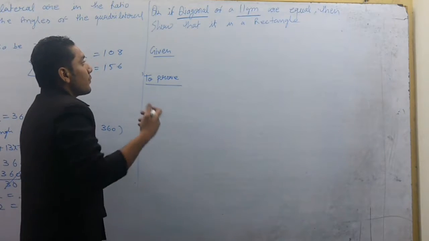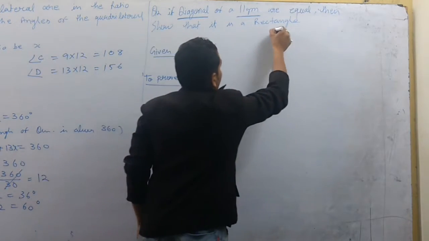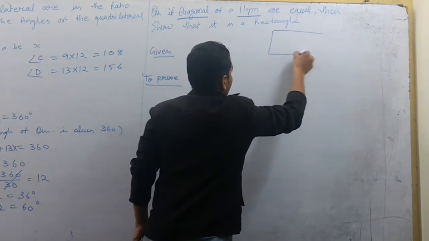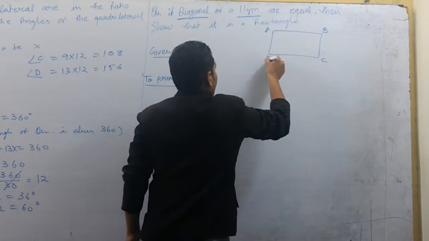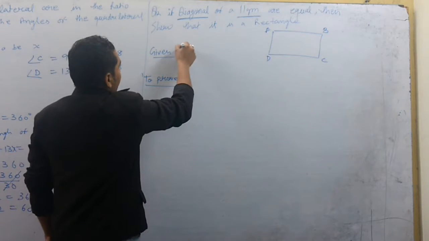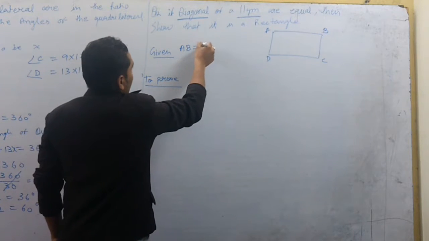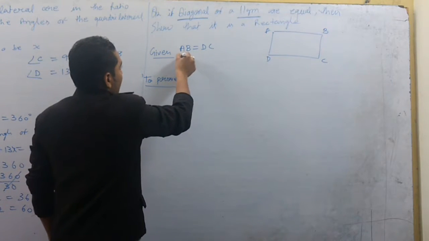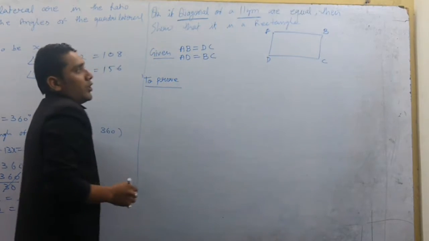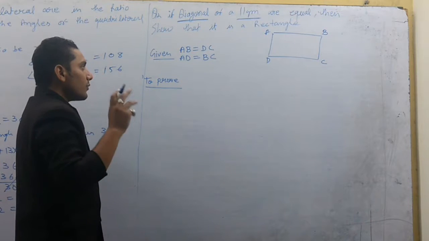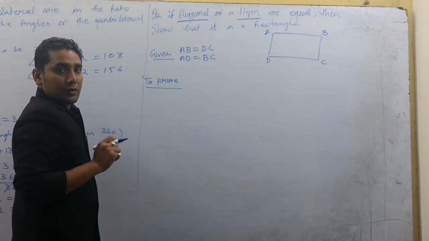Given is two things: diagonals and parallelogram. What is a parallelogram? Let ABCD be the parallelogram, then we can say AB is equal to DC and AD is equal to BC according to the property of a parallelogram.